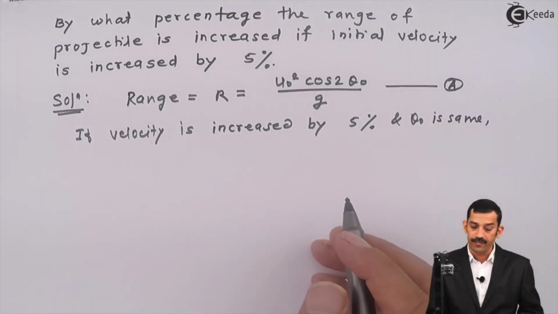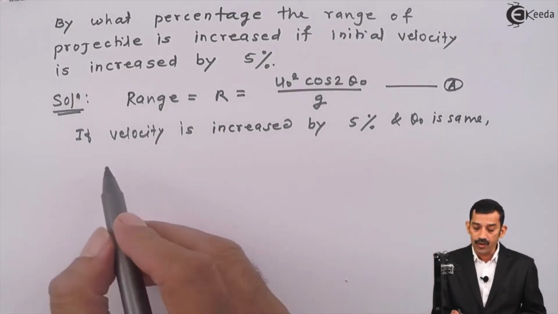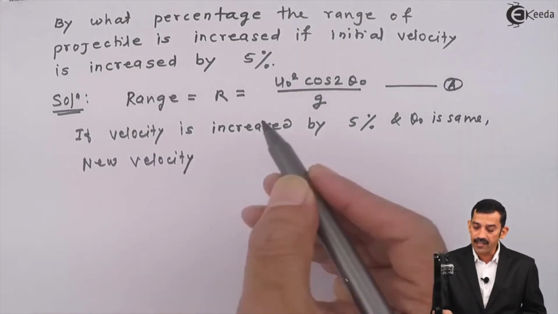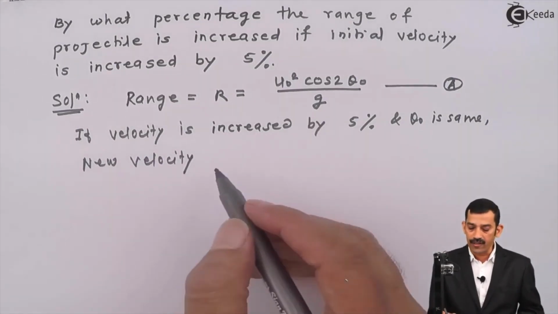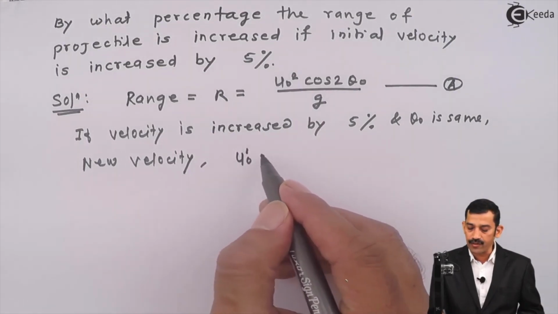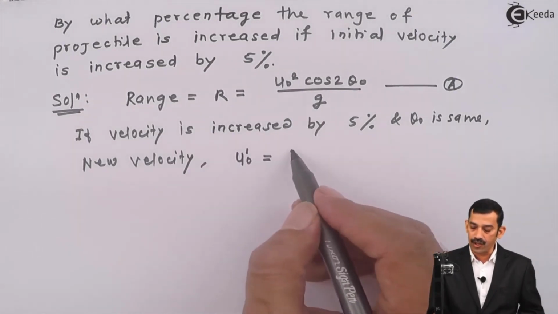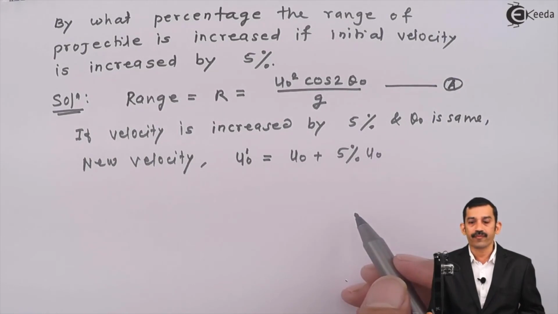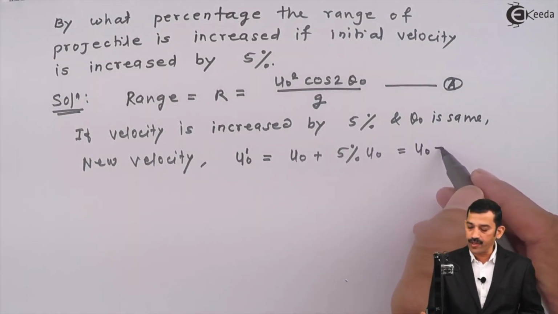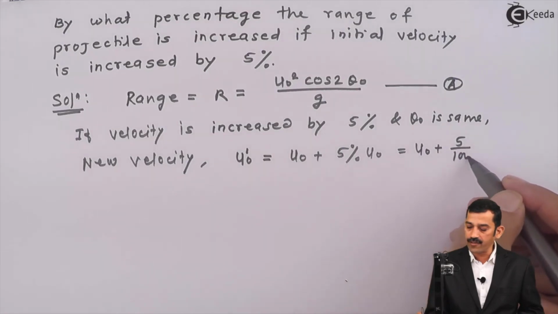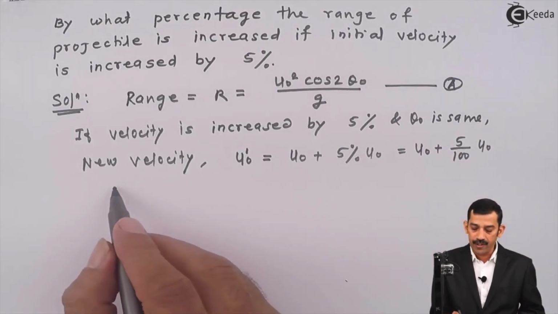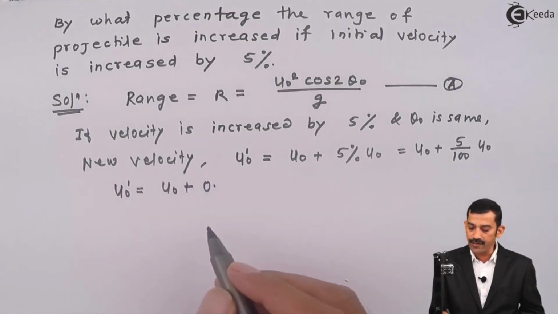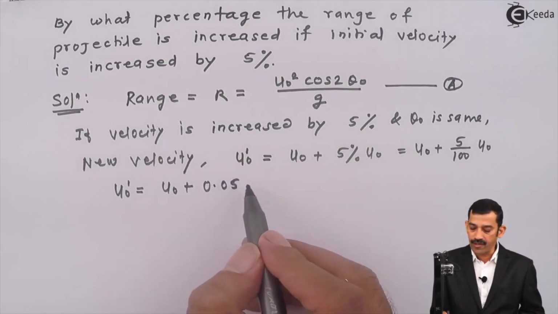If theta 0 is constant, then the new velocity, because it is 5% greater, I will write as u0 dash. It is u0 plus 5% of u0, that means u0 plus 5 upon 100 u0, which is u0 plus 0.05 u0.